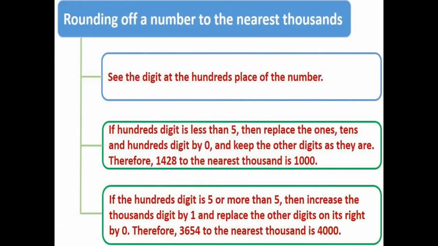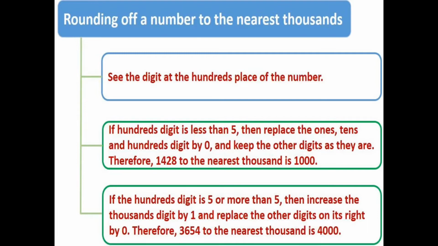Therefore, the procedure for rounding of a number to the nearest thousands is: firstly, see the digit at the hundreds place of the number. Then, if the hundreds digit is less than 5, then replace the ones, tens and hundreds digit by 0 and keep the other digits as they are. Therefore, 1,428 to the nearest thousand is 1,000.